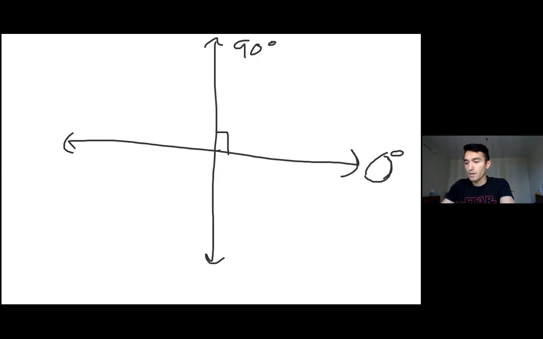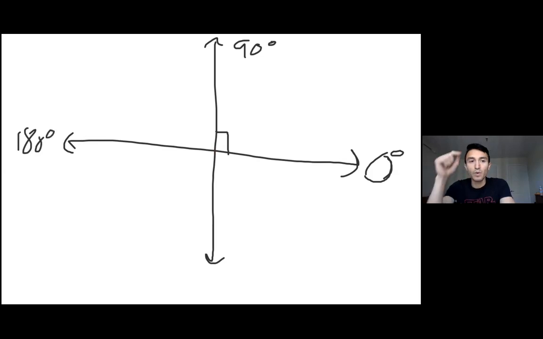So if I draw an arrow and it goes all the way to here, that's 90 degrees, because that's a perfect L. So if I drew this figure on a graph, that's a 90-degree angle, okay? So let's get rid of that. So this is 180.